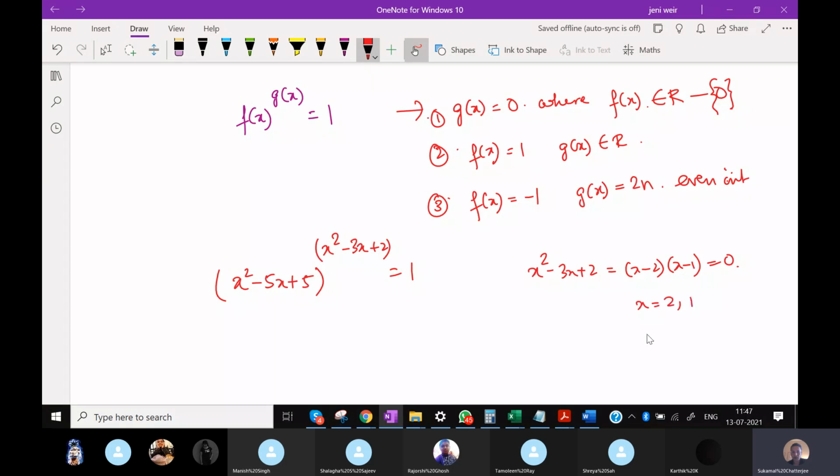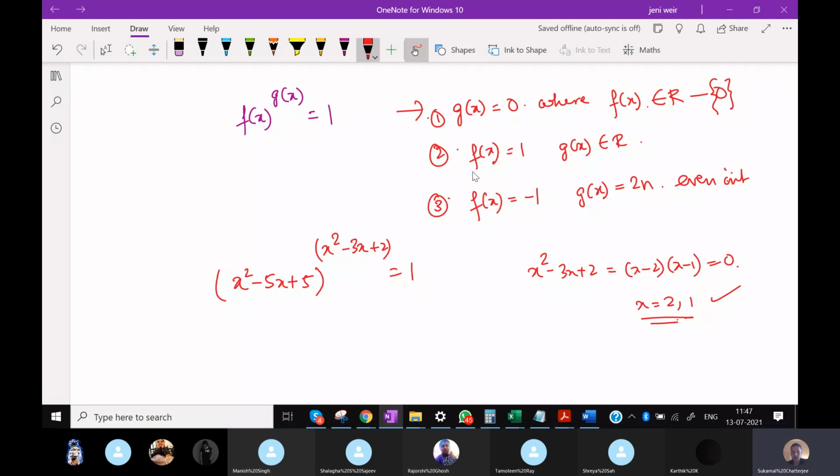Now, I have to be careful so that I check that for these values of x, the base should not become equal to 0. So here, if I put x equal to 1, I get the base as 1. If I put x equal to 2, I get 5 plus 4, 9, minus 10, which is minus 1. So it is not 0. So therefore, these two are two values of x.